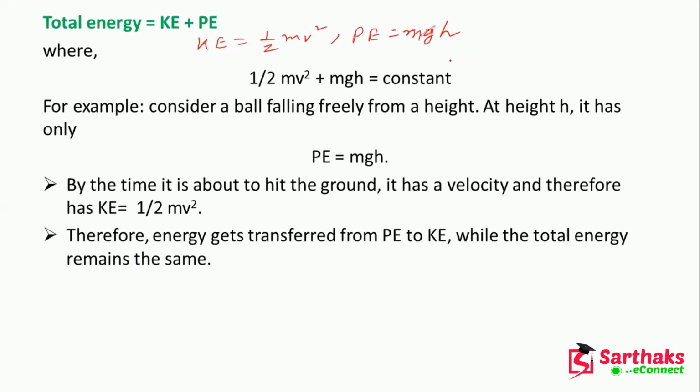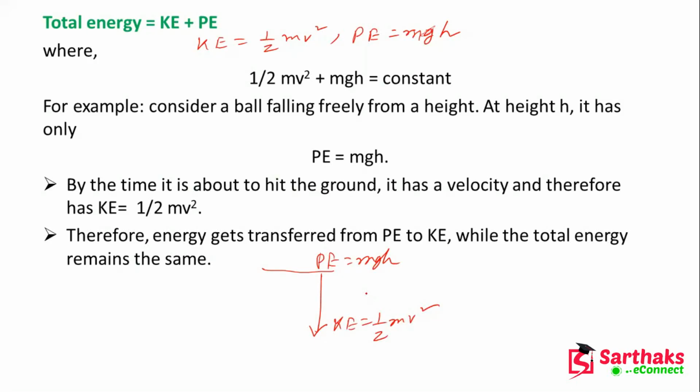Now by this time it is about to hit the ground. It has a velocity and therefore kinetic energy is half mv square. The energy gets transferred from potential energy to kinetic energy. Suppose the object is at this height, so potential energy is mgh, and whenever the object falls, this potential energy will be converted into kinetic energy, that is half mv square.